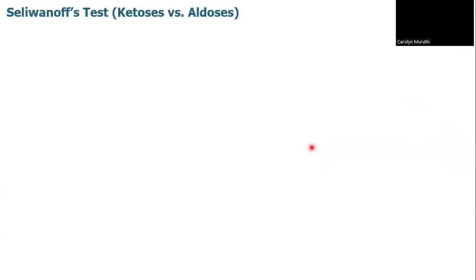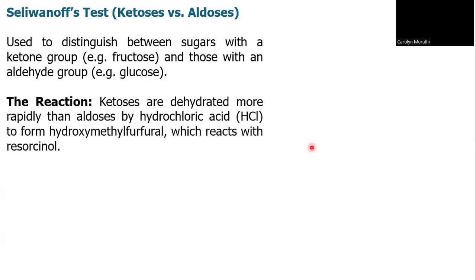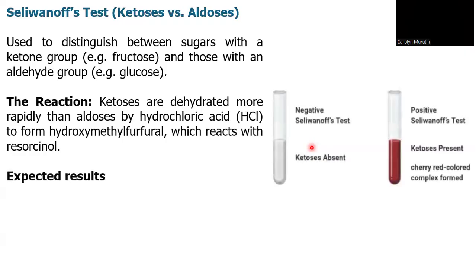And finally, the Seliwanoff test. This one is used to distinguish between sugars with a ketone group, including fructose, and those with an aldehyde group, as we mentioned earlier, that is majorly glucose. In this reaction, ketoses are dehydrated more rapidly than aldoses.